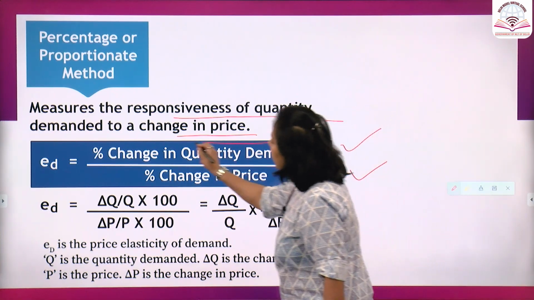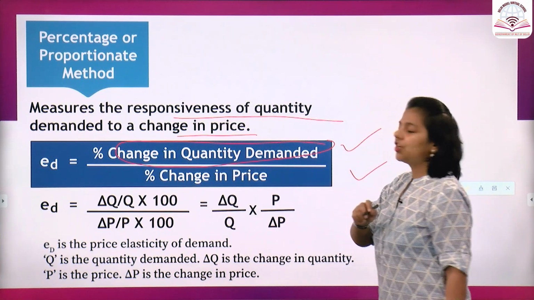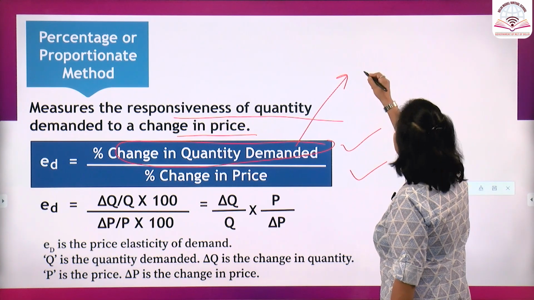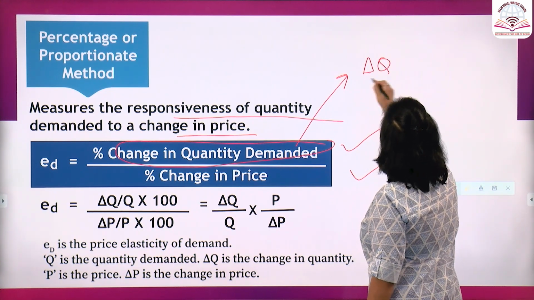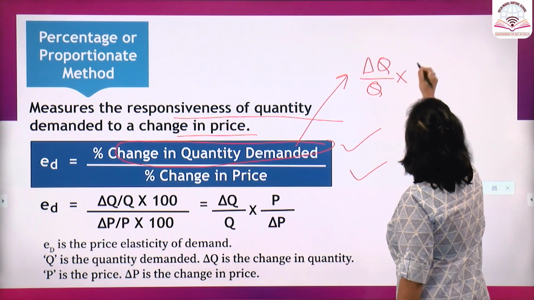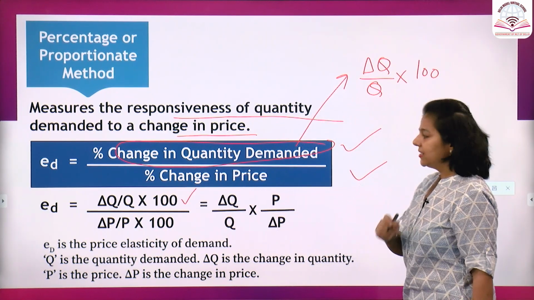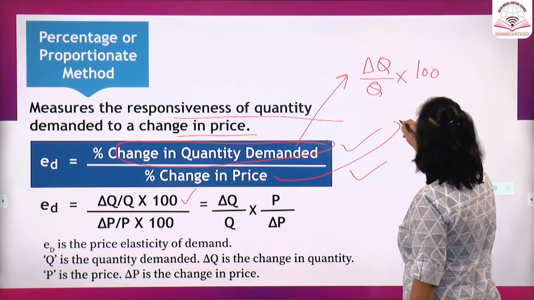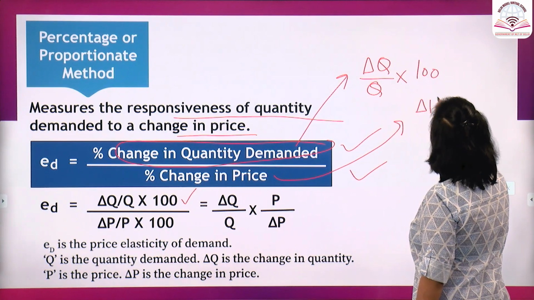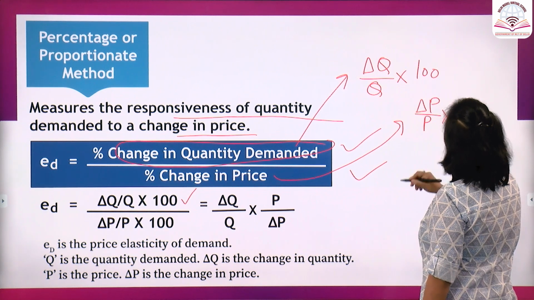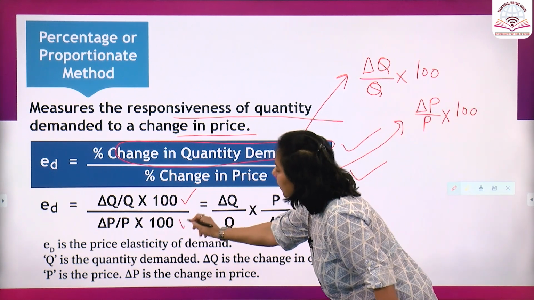अगर मैं इसको rewrite करूं, percentage change in quantity demanded, I can rewrite this as change in Q divided by Q times 100, which is written over here. And if I rewrite this as change in price upon price times 100, it is written over here.